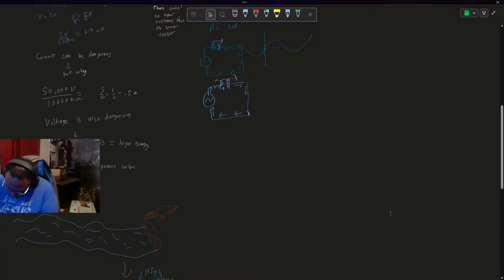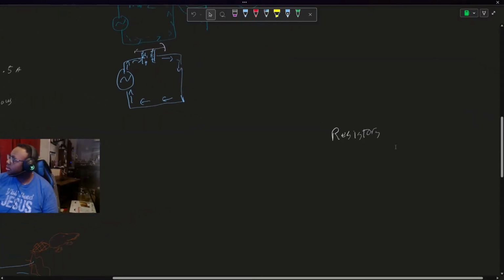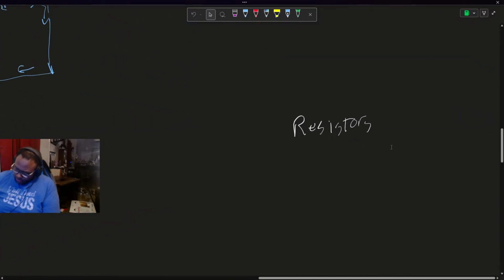I'm going to make this resistors. Yeah, sine wave. So resistors. Resistors resist current flow. It's a shocker. And that was also not a pun.